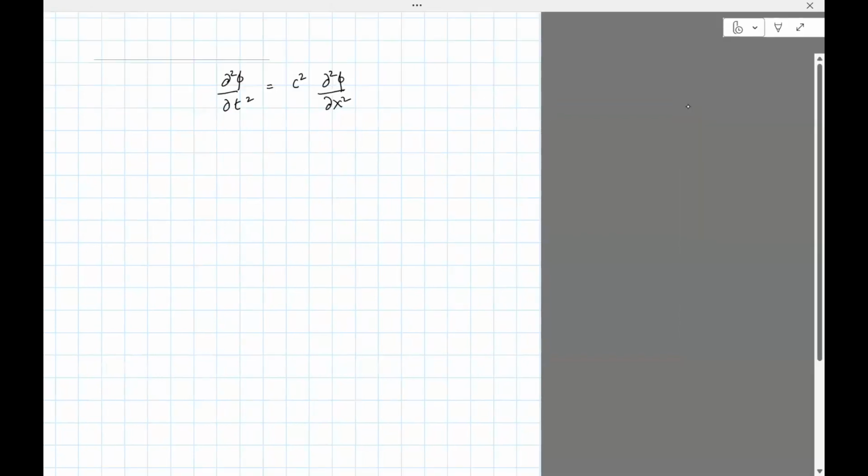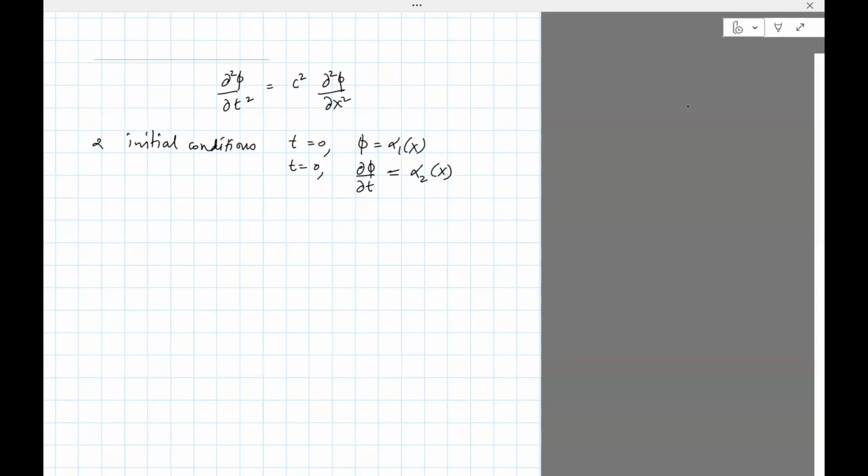So the conditions on time are usually the initial conditions. So two initial conditions. They would be of the form: at t equals 0, we know something about φ. Let's say that φ is some function of x. We also need another condition, which is typically on ∂φ/∂t. That is maybe some other function of x. So ∂φ/∂t is alpha 2 of x.